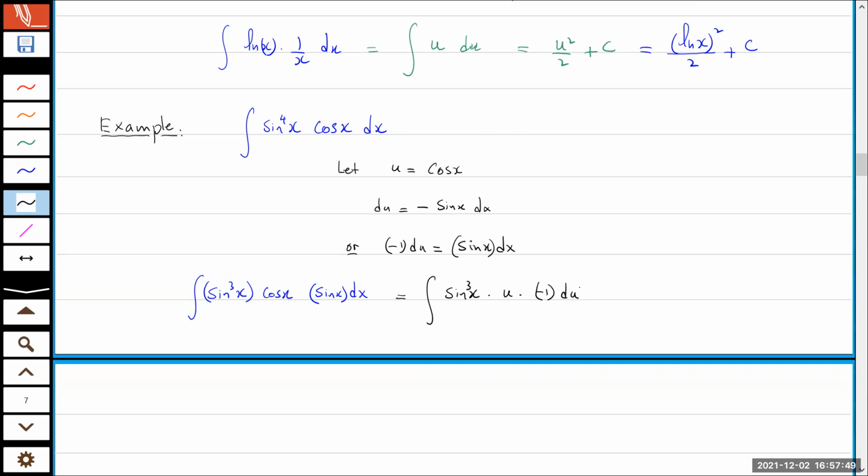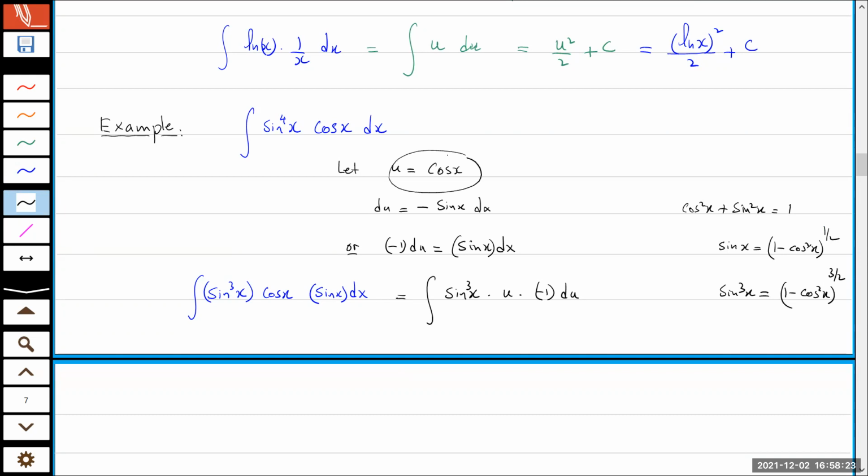Now I still have sine in my integral, and it is sine of x. I cannot leave an x there. But luckily, I have this identity, cos squared x plus sine squared x equals 1, and sine x equals 1 minus cos squared x to the power 1/2. I am calculating sine cube of x. It'll give me sine cube x equals 1 minus cos squared x to the power 3/2.